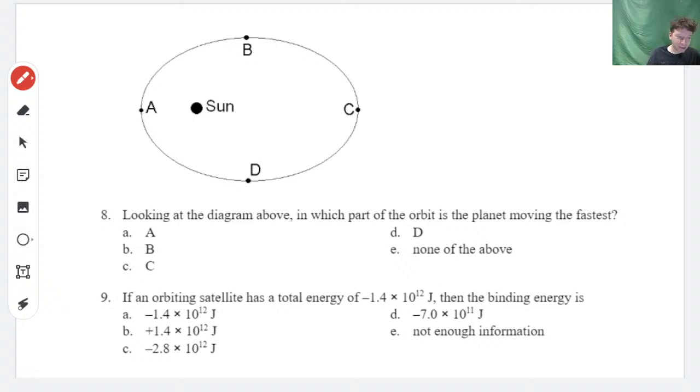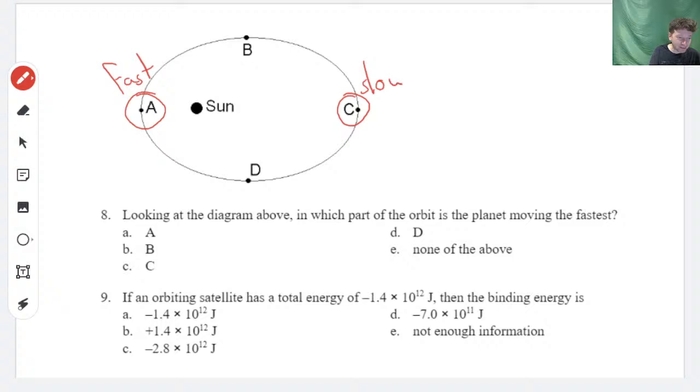looking at the diagram above, in which part of the orbit is the planet moving the fastest? Okay, this comes also from Kepler's laws initially. You can also use Newton's laws to figure it out as well, but it's moving the fastest the closest you are to the sun. This is where it's moving its fastest. This is where it's moving the slowest.